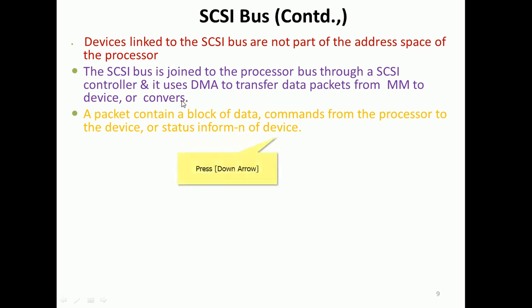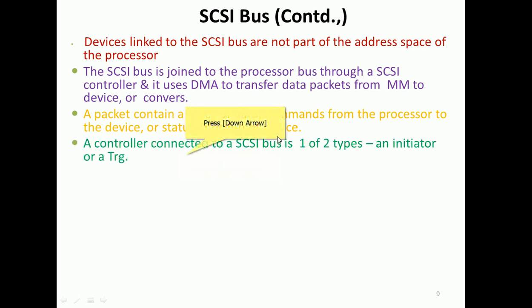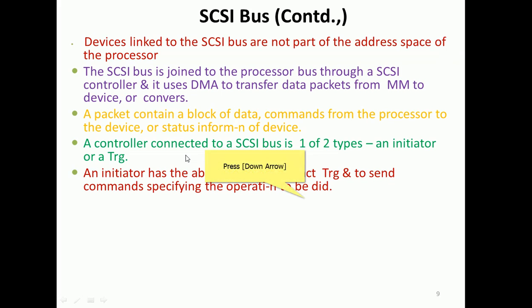The packet contains a block of data, commands from the processor to the device, and status information of the device. A controller connected to a SCSI bus is one of two types: initiator or target, master or slave. The initiator has the ability to select the exact target it is interested in and send a command specifying the operation to be performed.